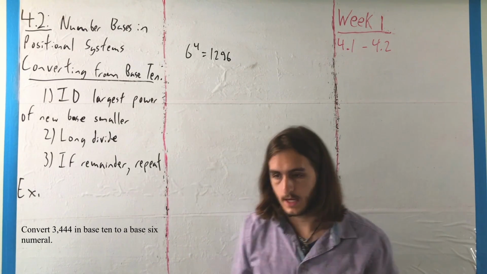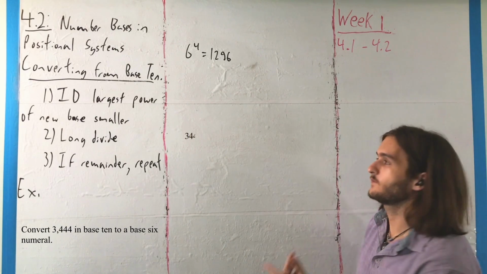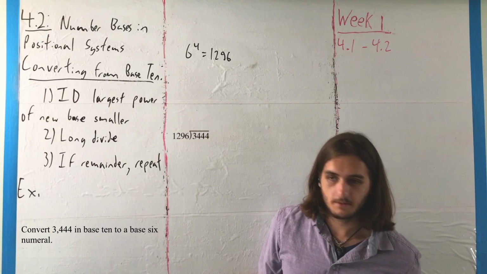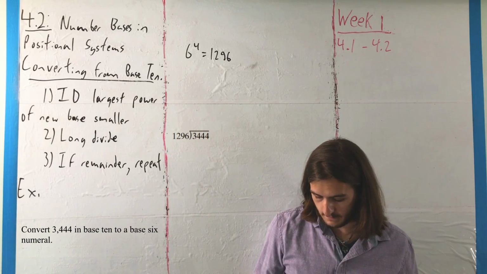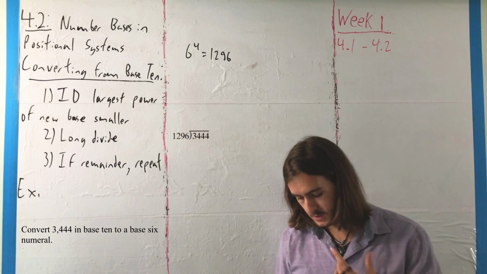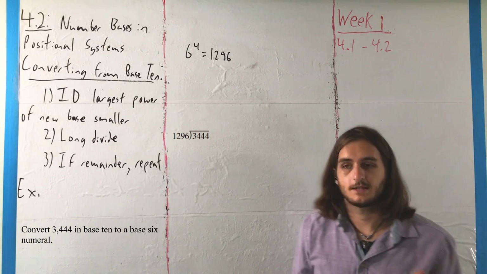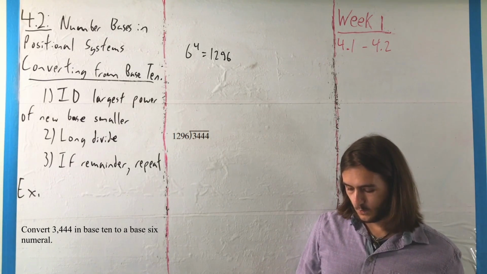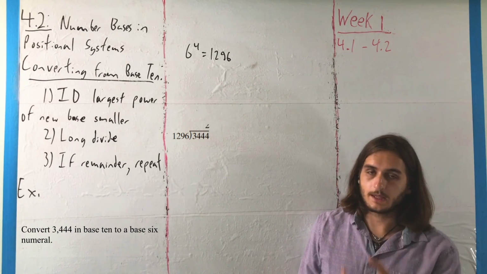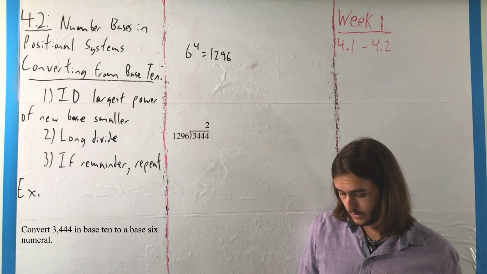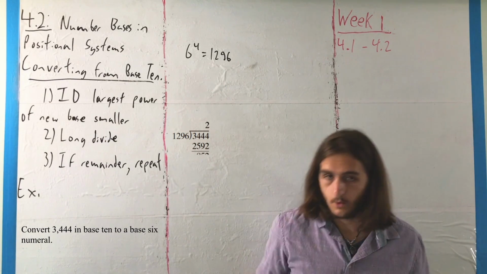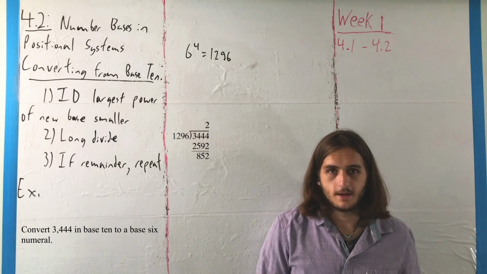So from there, we're going to take our value, 3,444, and long divide 1,296 into that. It's probably been a little while since you've done long division, but what we're going to do there is go over to our single digits, because that's what we're trying to find here, where that 1,296 will go into the 3,000 thing twice. We'll have 3,444 minus 2,592, which ends up being 852.